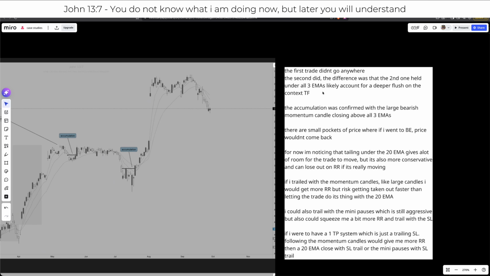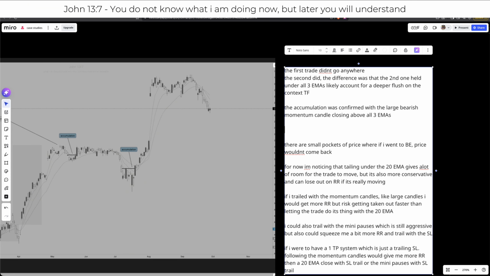Oh, we forgot to do a stop loss. I forgot the most important thing, a stop loss. So putting my stop loss under the candle works.